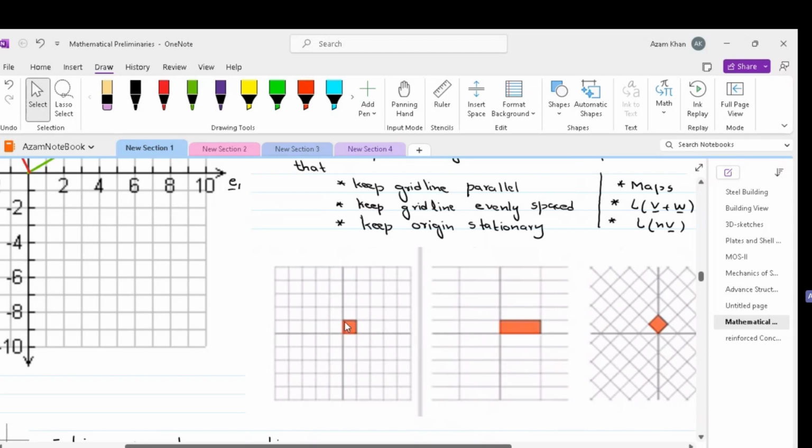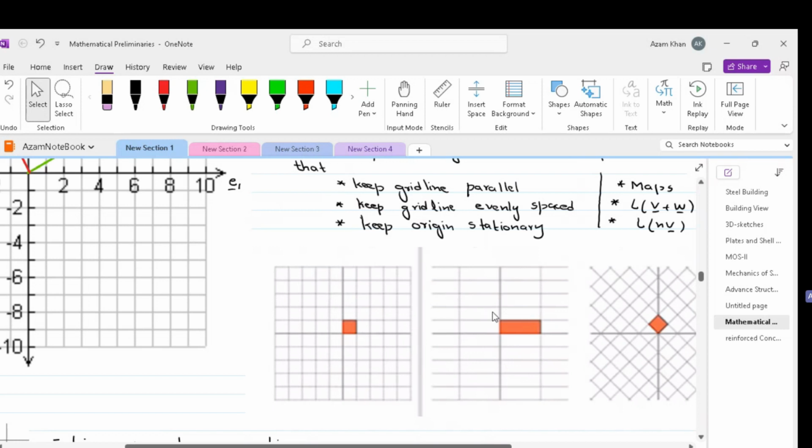The two sides which are on the y-axis stay the same size. The horizontal sides are stretched. So we can say that the linear map has actually stretched this square into a rectangle. But please see, the linear map has kept the grid lines parallel.